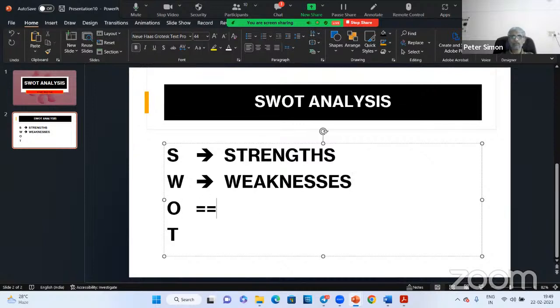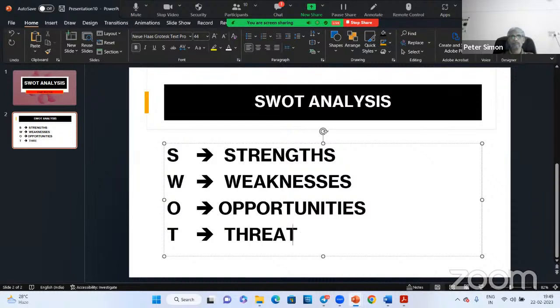O stands for opportunities. And T stands for threats. So strengths, weaknesses, opportunities, and threats. These are the four quadrants.